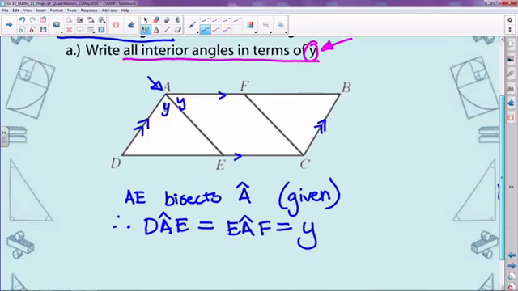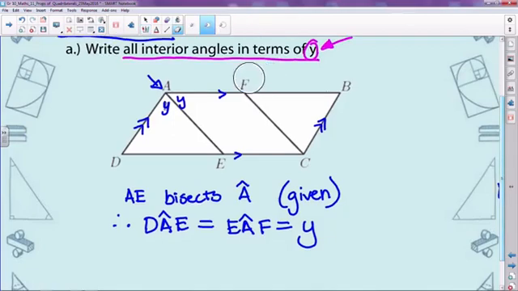Now the second one is going to be, let's do that angle over there. Can we do that angle? I'm not sure. Why don't we do this angle instead? Any ideas why I want to do that angle? Because it is an alternate angle. Is it?